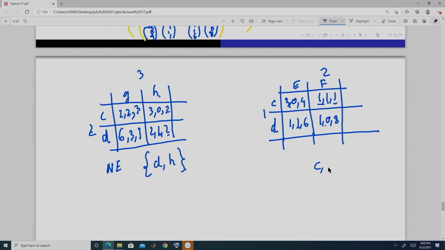So this is a Nash equilibrium. It is a weak Nash, sorry. This is a pure strategy Nash equilibrium in this case.